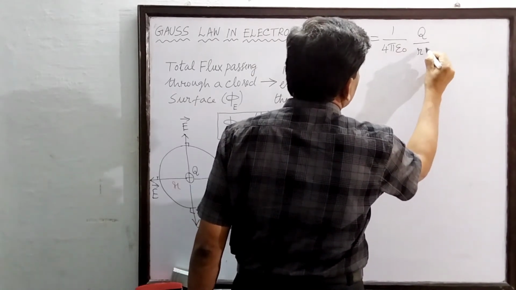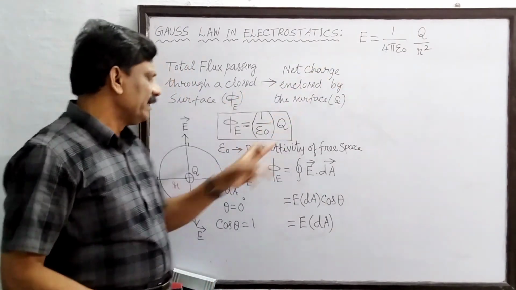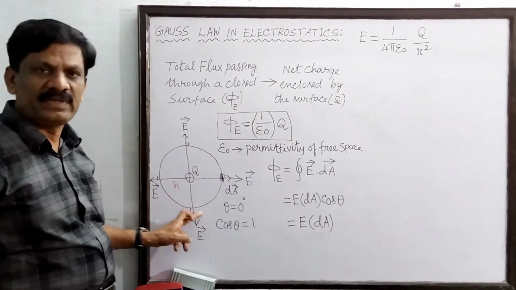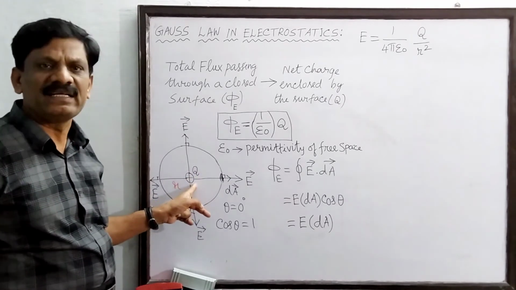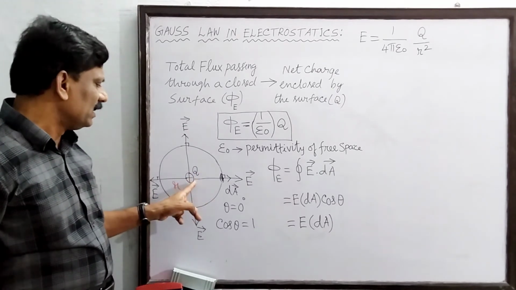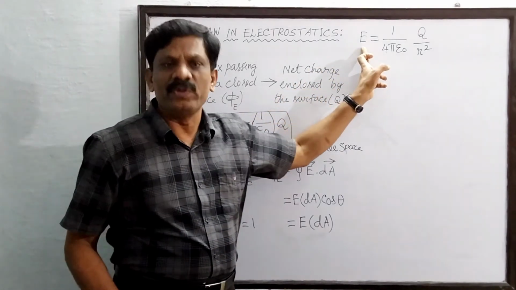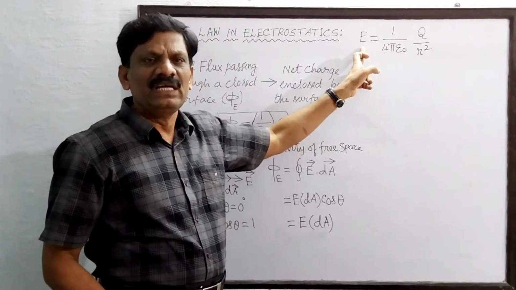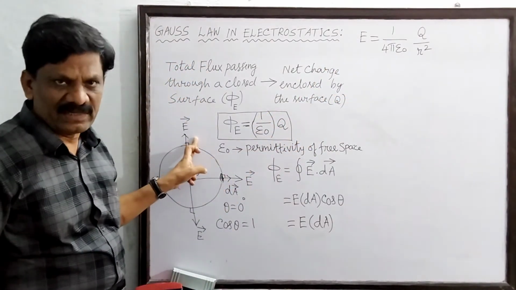This is the expression for the electric field at any point on this sphere, which is at a distance r from the charge Q. So E is the magnitude of the electric field at any point on the sphere.